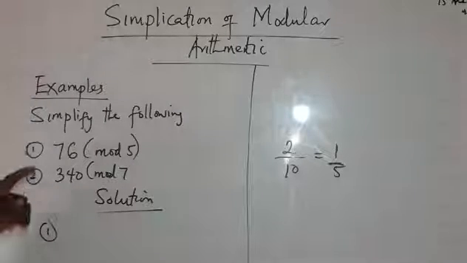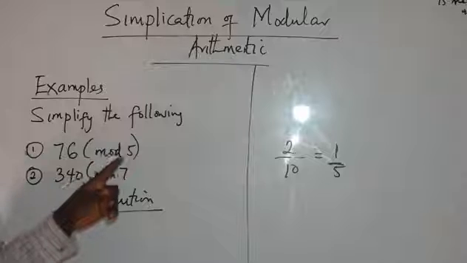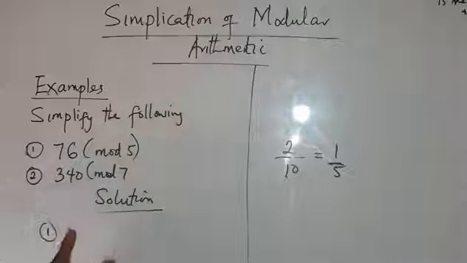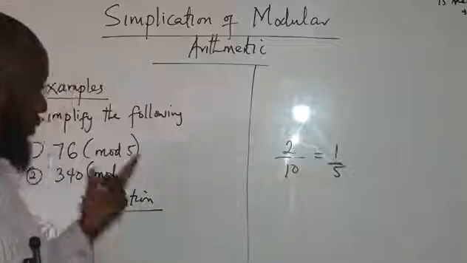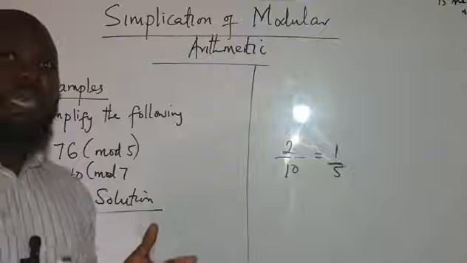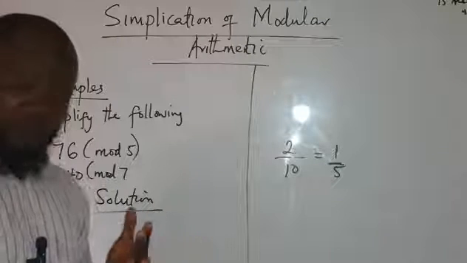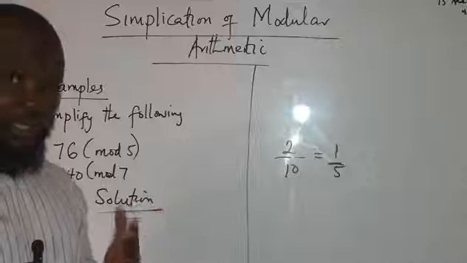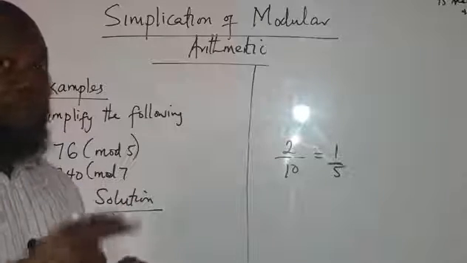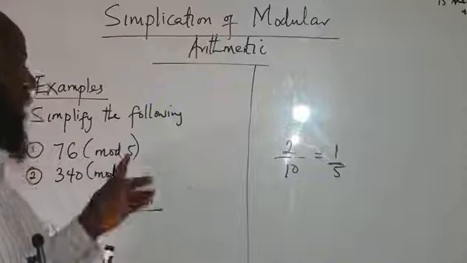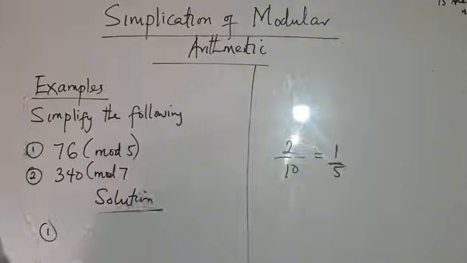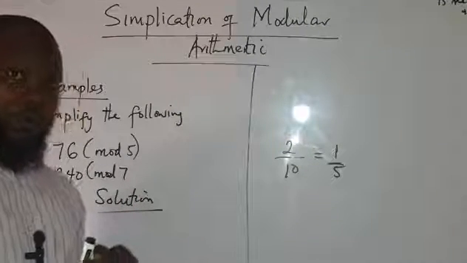Don't forget that under modular 5, when you use 5 to divide any number, the maximum remainder you can get is 4. So you can get 0, 1, 2, 3, and 4. You can't get 5 as a remainder when you are dividing by 5. So the highest integer in modular 5 is 4. I hope I'm making sense.